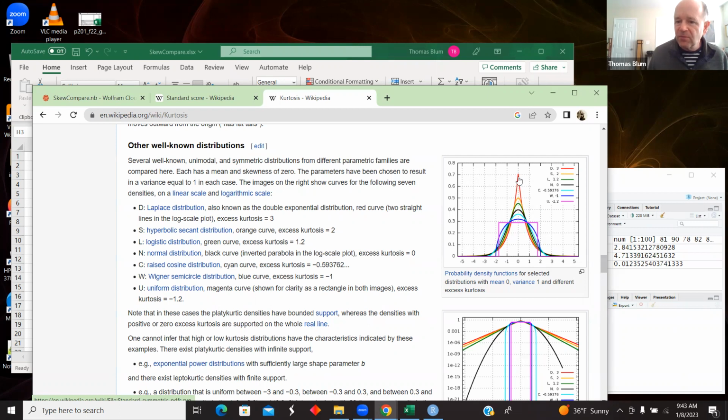This orangey one is probably some kind of power law Laplace distribution, and it is very peaked at the center, and so that's what this kurtosis is capturing, how you fall away from the center.